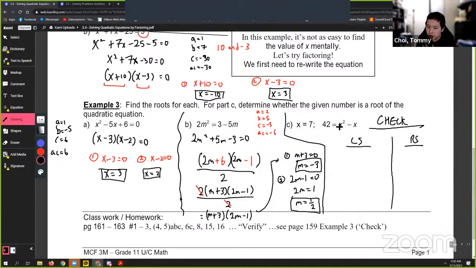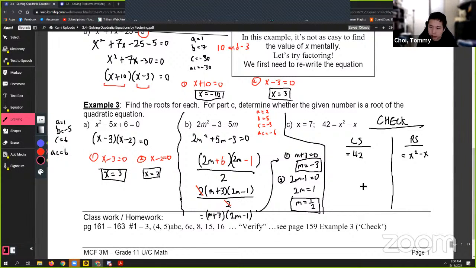We look at the original equation. On the left side of the equal sign, we have 42. On the right side of the equal sign, we have x squared minus x. We then plug in x equals 7 into where x would be in the equation. So the left side, we don't do anything more.